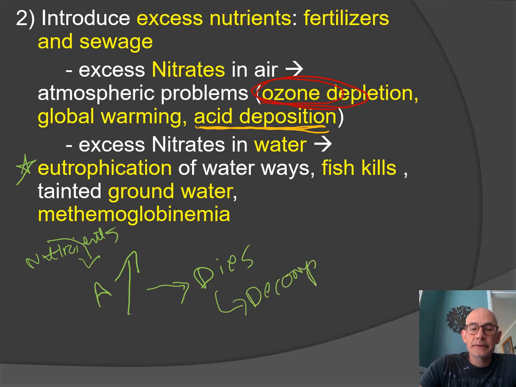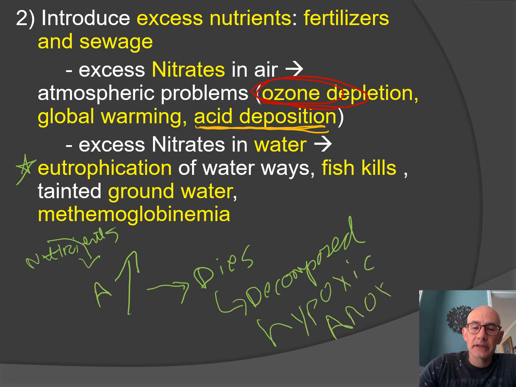And the decomposed algae is going to require oxygen by the decomposers. And once you have enough dead algae, that can actually create areas in the water that are either hypoxic or anoxic, which we'll talk about in the next slide as well. And this can essentially just create pockets of low oxygen water, which can kill fish. So the fish will actually drown because the oxygen levels are so low.